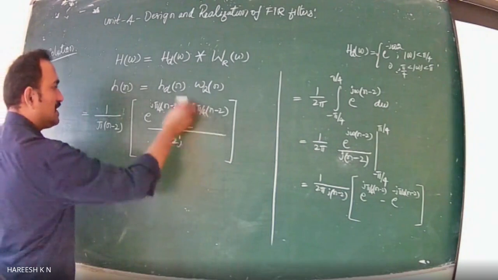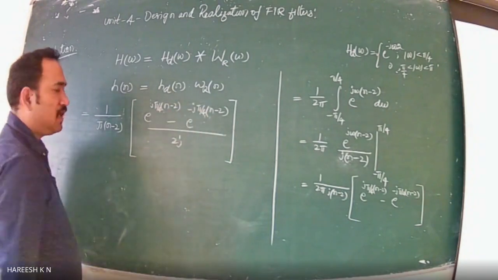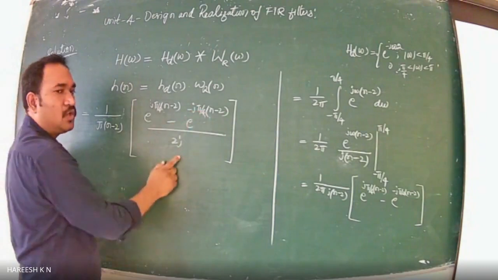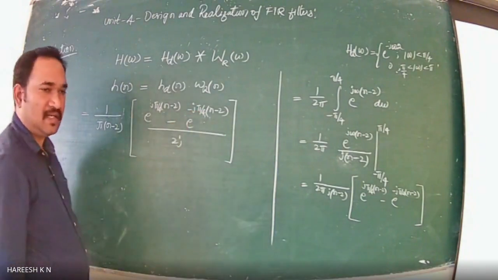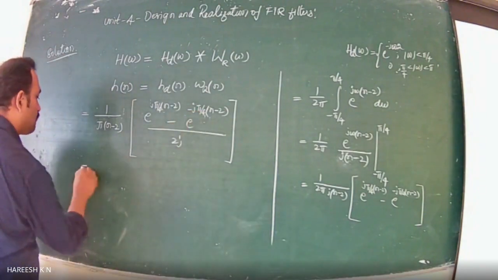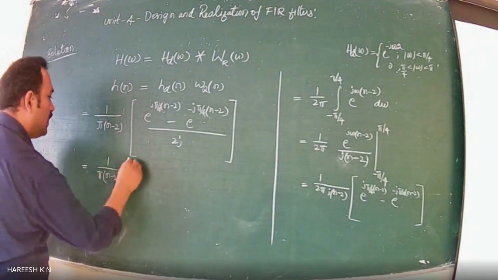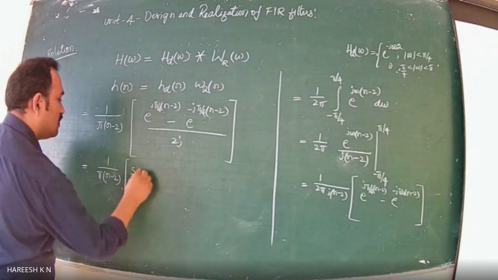Therefore, this gets reduced to e to the power of j theta minus e to the power of minus j theta divided by 2j, which is nothing but sine theta, isn't it? Therefore, this is equal to 1 divided by pi into n minus 2 into sine theta.